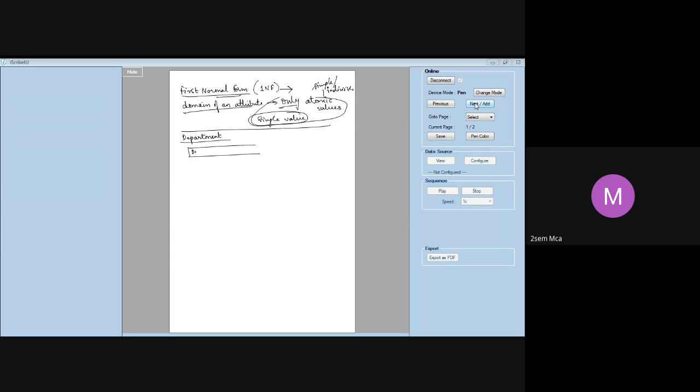So I have D name, and of course D number, which is the primary key here. Then I have the manager's SSN, and then the attribute D locations.